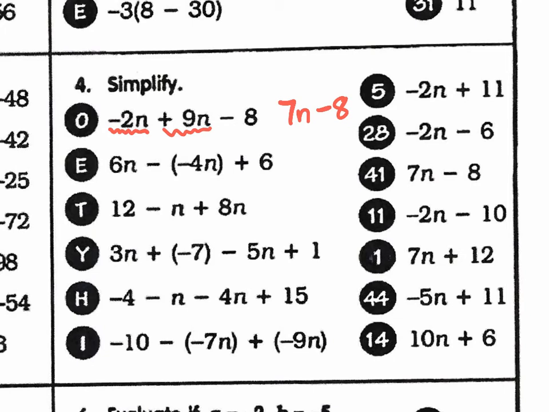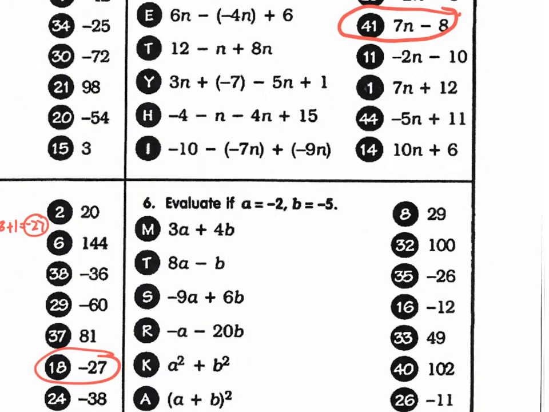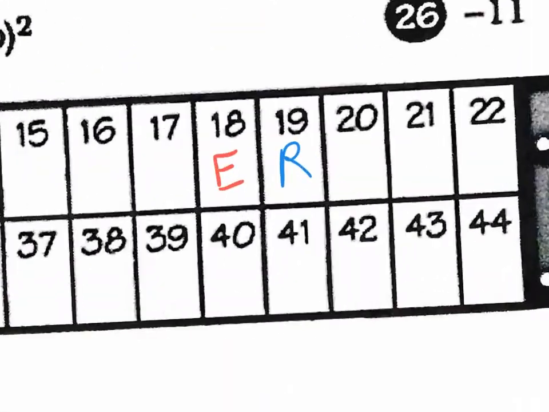No. It's like saying I have 7 apples, take away 8 bananas from there. You can't do it, right? They're different terms. So 7n minus 8 is your answer for letter O. So when we look for 7n minus 8, here it is. So you're going to go to the number 41 and put the O right there.